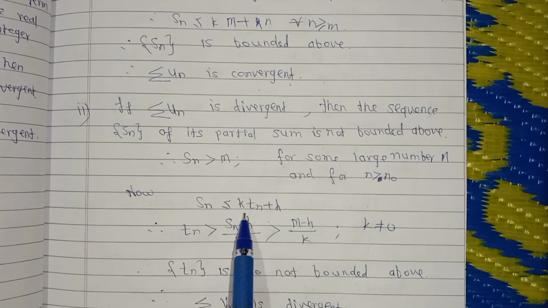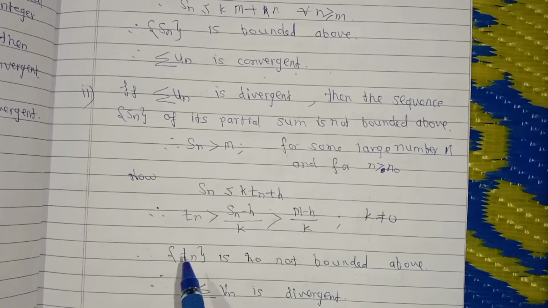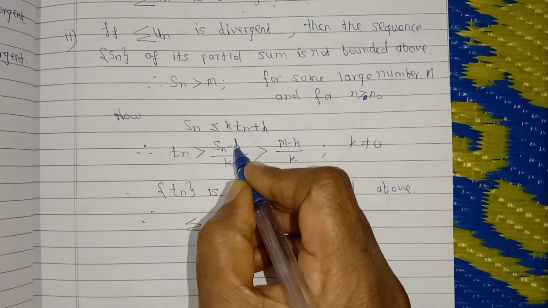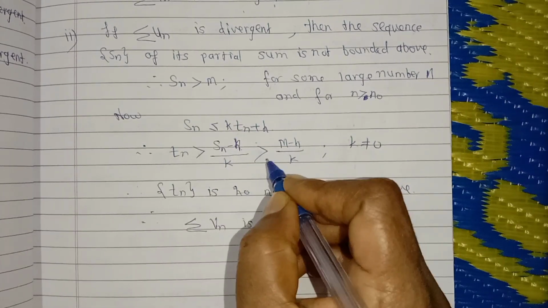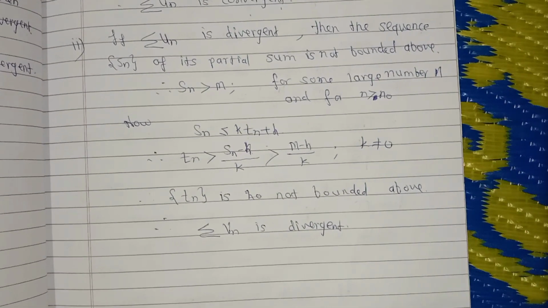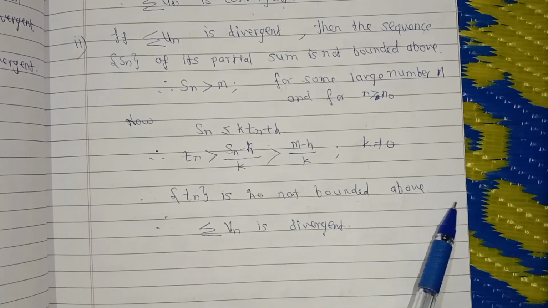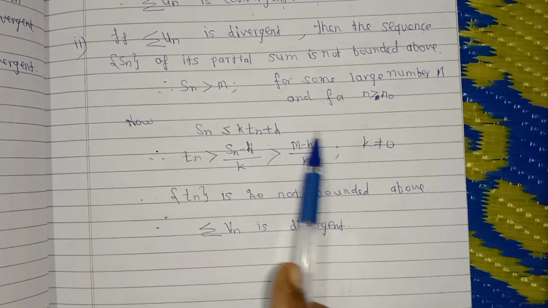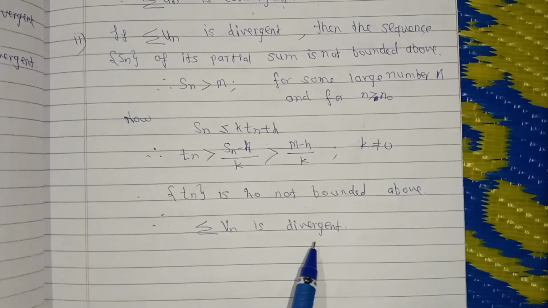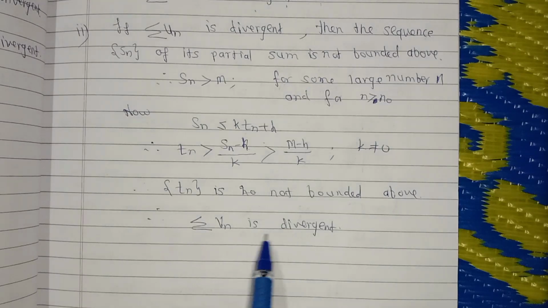Sn is less than or equal to k into Tn plus N. Hence Tn is greater than Sn minus N upon k, which is greater than M minus N upon k, k is not equal to 0. Hence the sequence Tn is not bounded above as it is greater than this number. Hence summation of vn is divergent. That means if summation of un is divergent, then summation of vn is divergent.